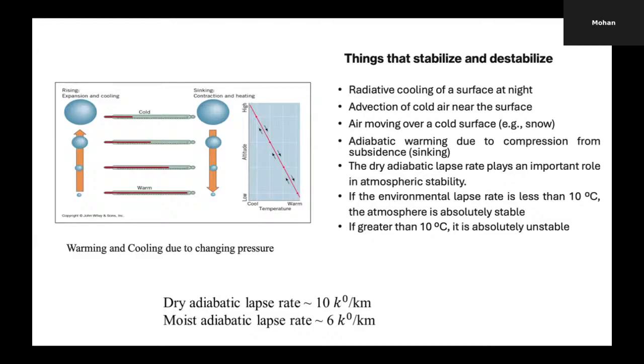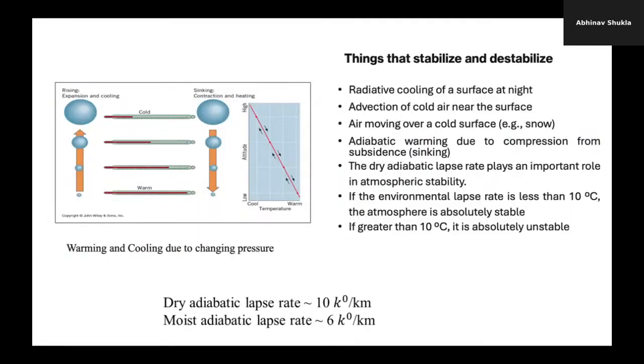When a parcel is unstable, it goes up. When it is sinking, it is in a stable condition. So these are the top four that I'm showing here: radiative cooling, advection of cold air, air moving over a cold surface, or adiabatic compression. These are different factors or phenomena where you can say that stable conditions are persisting.